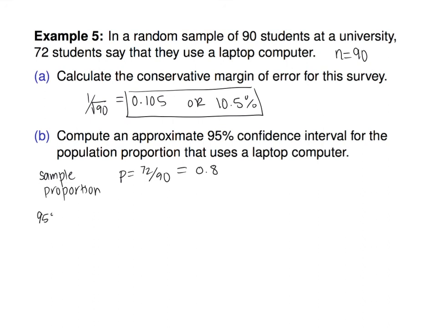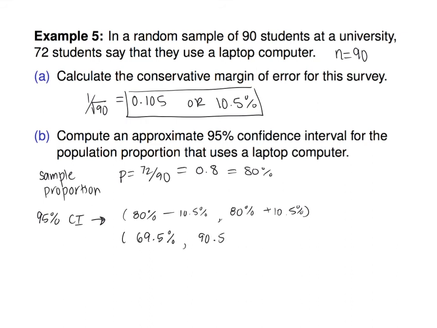And the 95% confidence interval is found by taking that 0.8, or 80%, and on the low end, taking away a margin of error, so 10.5%, and on the high end adding a margin of error. So your 95% confidence interval is 69.5% and 90.5%.